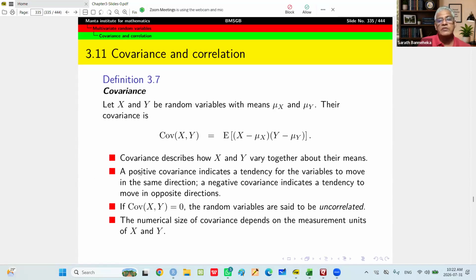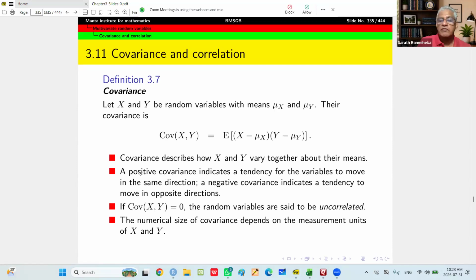A positive covariance indicates a tendency for variables to move in the same direction, right? So that means in general, when the value of X increases, if the value of Y also increases with that, then we say there is a positive covariance. On the other hand, if the values of the two variables are going in opposite directions, in general, not always, in general, right? Then we say there is a negative covariance.